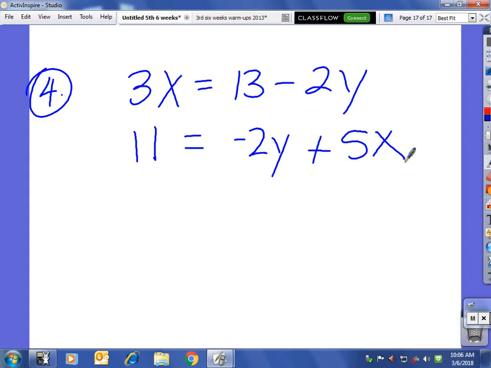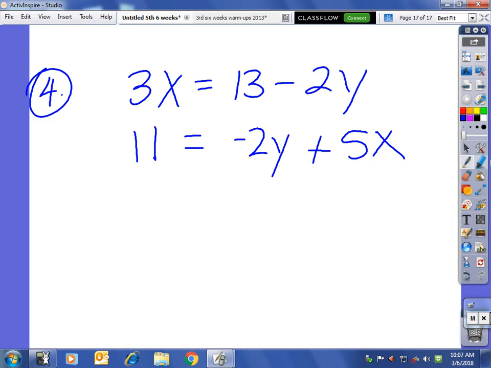You got a fraction? I think this is a nice whole number. Okay, tell me how you... Wow, that's yucky. Tell me how you rearrange the top equation. Hold on, I want to see what Lily did because she got something weird. Okay, well look up here. You need to put them in standard form.